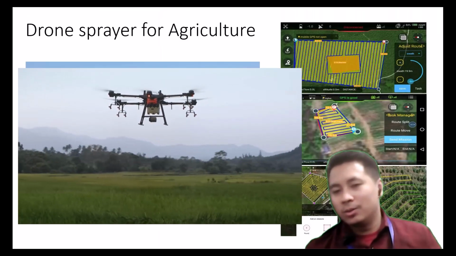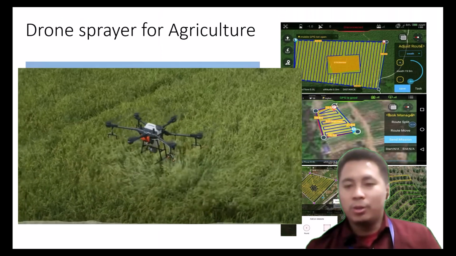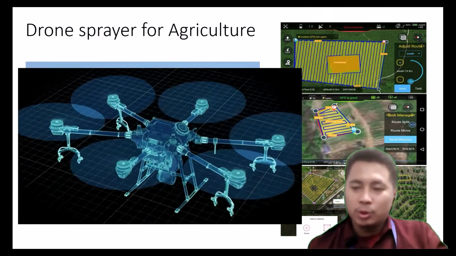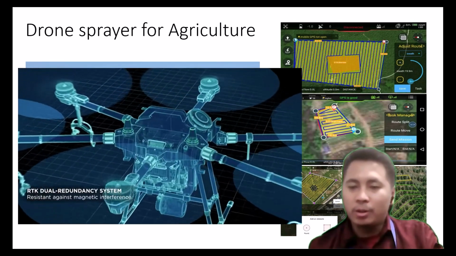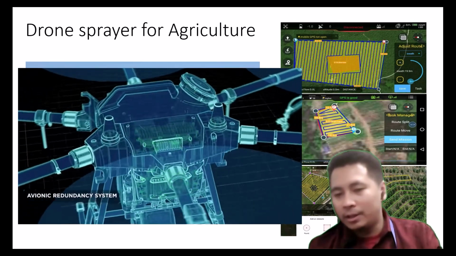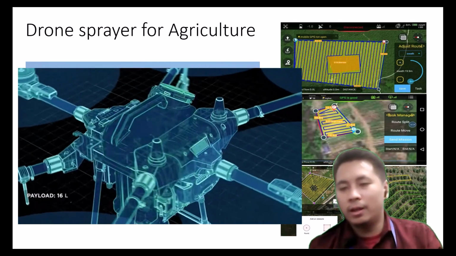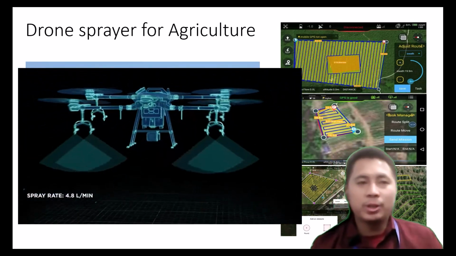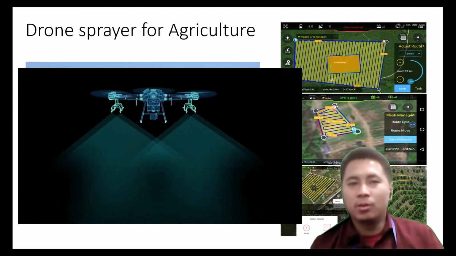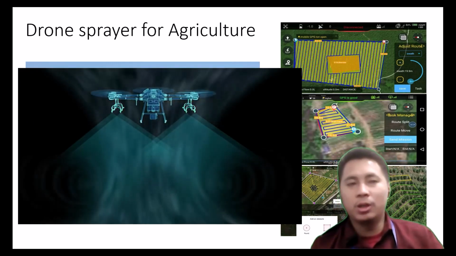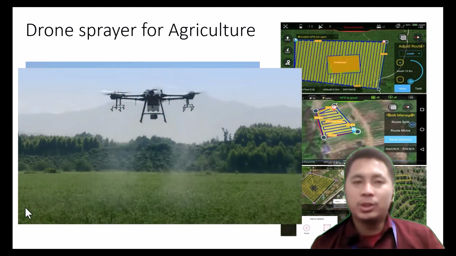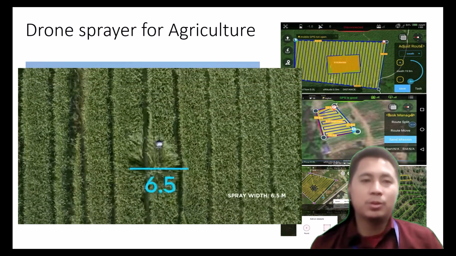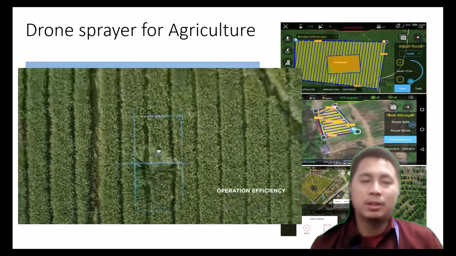With a drone sprayer, you can put chemicals on the crop plantation in a very efficient way. A spraying drone represents technological advancement in modern agriculture, offering a precise and efficient means of applying agricultural inputs to enhance crop protection and yield.